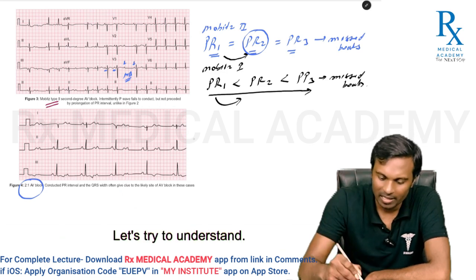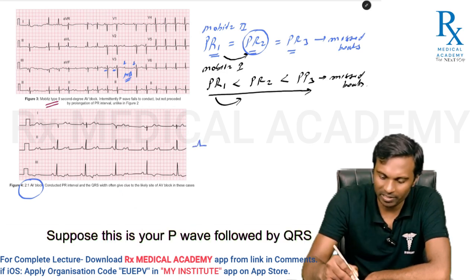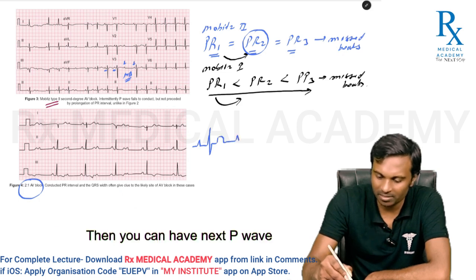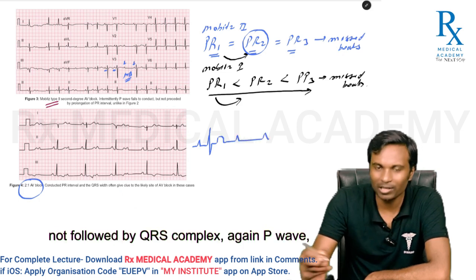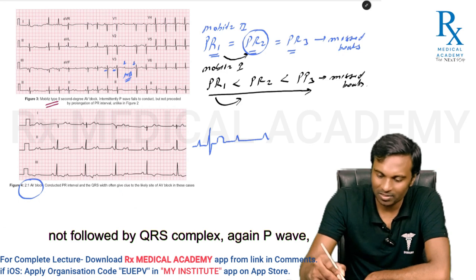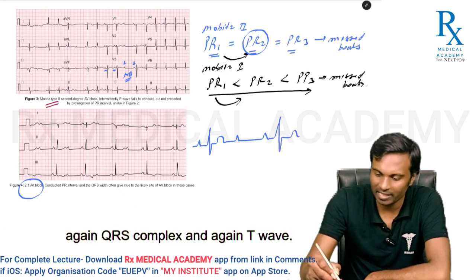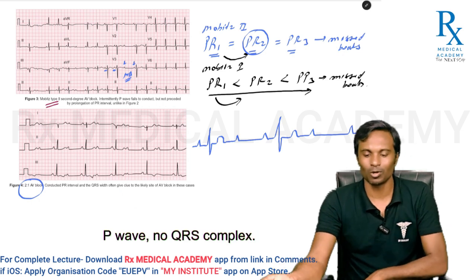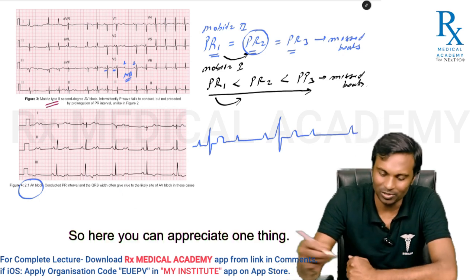Let's try to understand. Let's draw an ECG. Suppose this is your P wave followed by QRS complex and T wave. Then you can have the next P wave not followed by a QRS complex, again a P wave, again a QRS complex and again a T wave. Then again you have a P wave followed by the next P wave, no QRS complex. So here you can appreciate one thing.